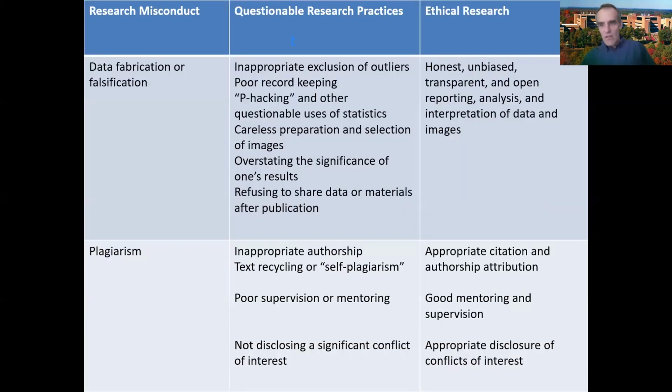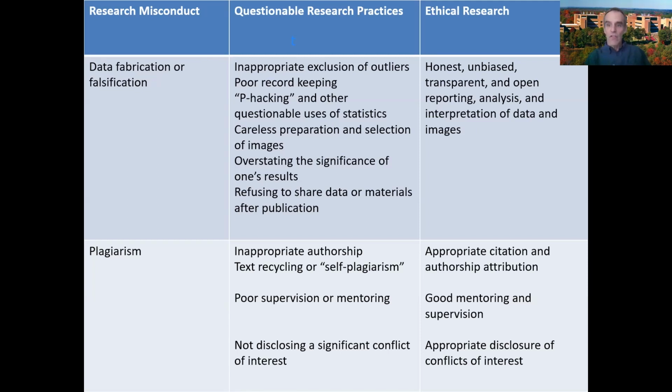So again, a sort of chart or table will be useful for helping us think about this. On the left-hand side, you see things that we'll all consider research misconduct: data fabrication or falsification. On the right side, you see things that we'll say, well, yes, this is good science. This is how we should do science.